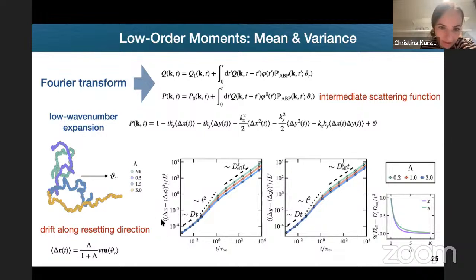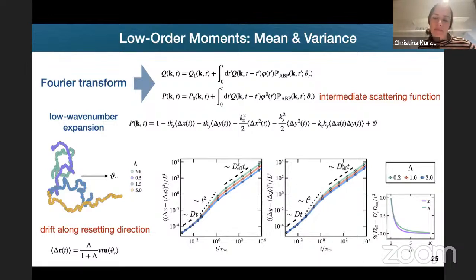This is along the x direction, along the direction of your resetting angle. Then you have a quadratic increase in time because they move actively. And at long times, it essentially gets effectively diffusive again. A similar behavior can be observed for the y direction. What's perhaps important is that the effective diffusivity at long times decreases as we increase the resetting rate. So the fluctuations become less.